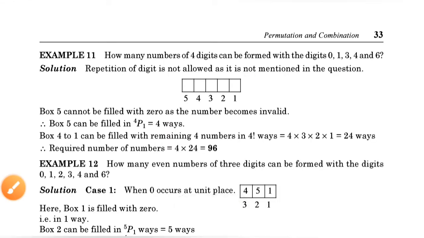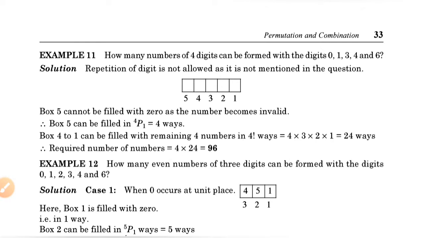The next example is how many numbers of 4 digits can be formed with the digits 0, 1, 3, 4 and 6. We are given 5 digits and we have to make 4-digit numbers. Now box 4 cannot be filled with 0 because it is meaningless to start a number with 0.